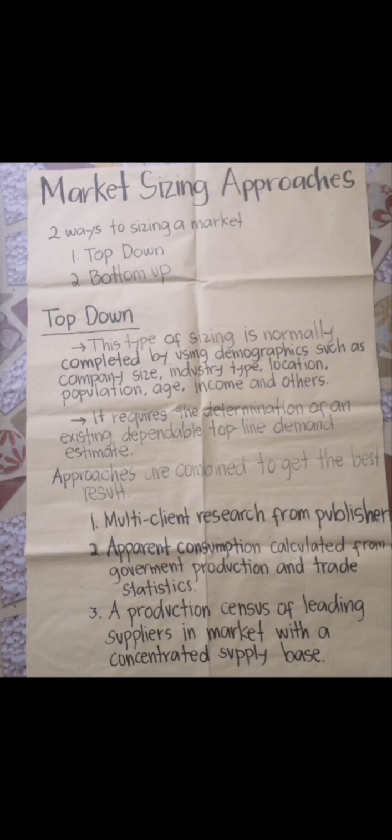Approaches are combined to get the best result. Number 1, multi-client research from publishers. Number 2, apparent consumption calculated from government production and trade statistics. Number 3, production census of leading suppliers in a market with a concentrated supply base.